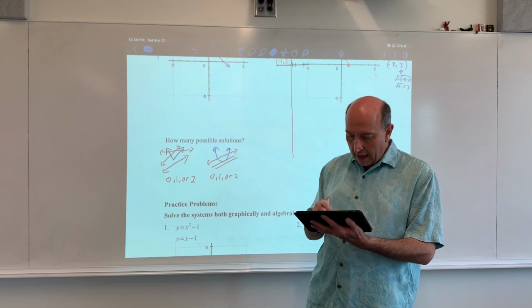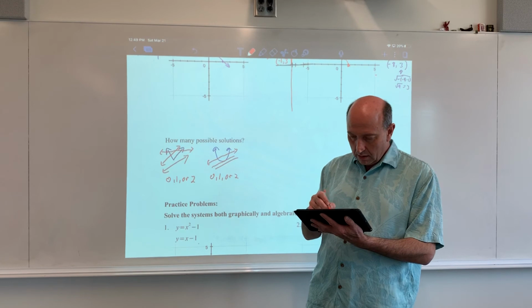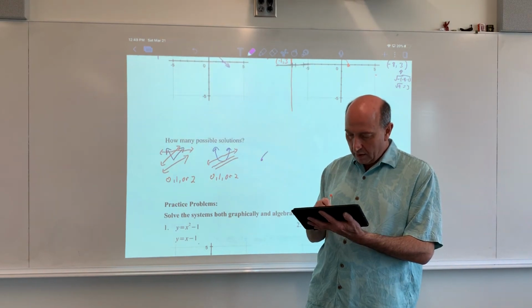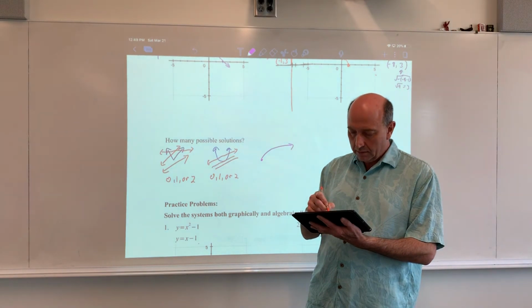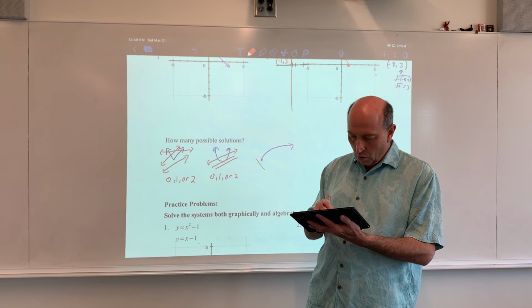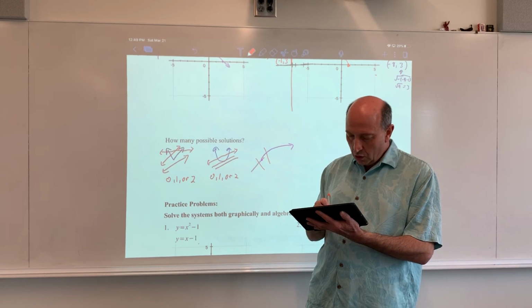If you have a square root graph and a line, you could have 0, 1, or 2 solutions.